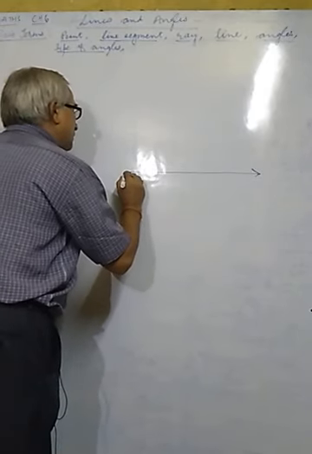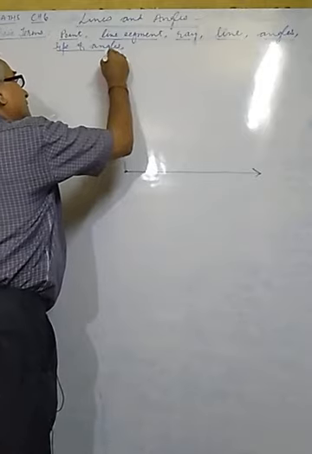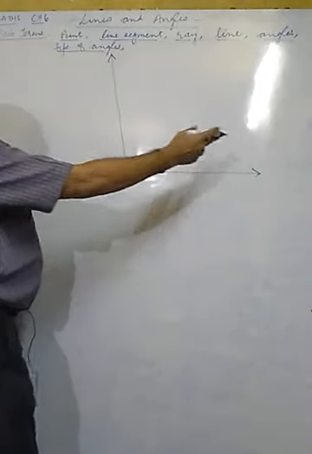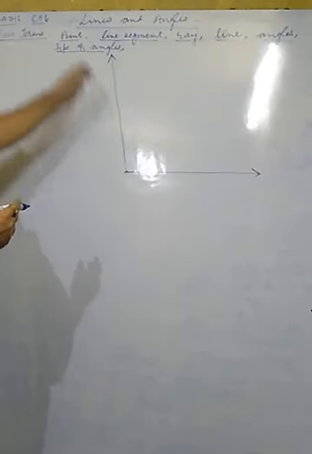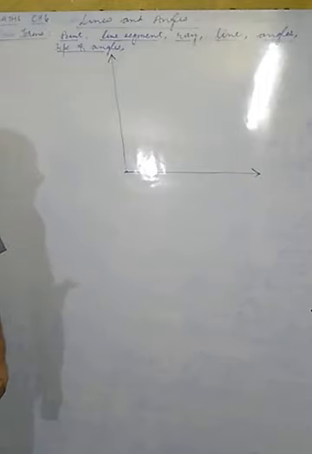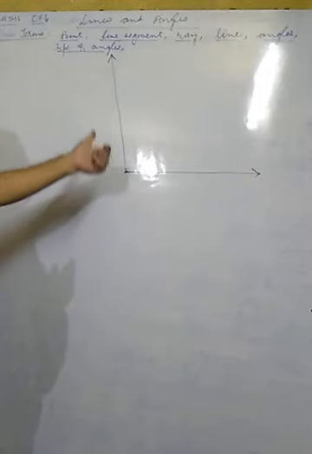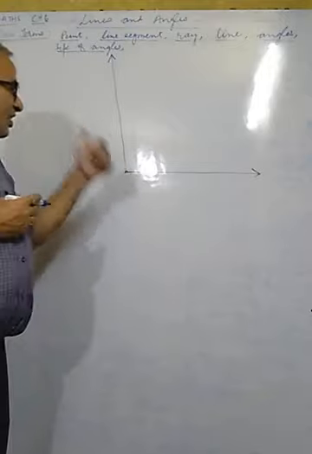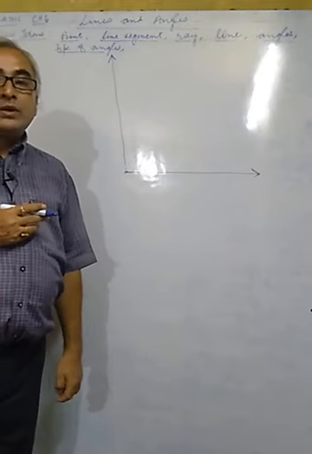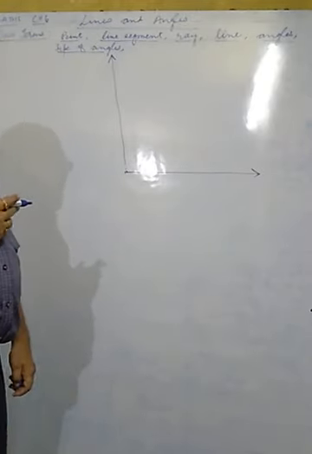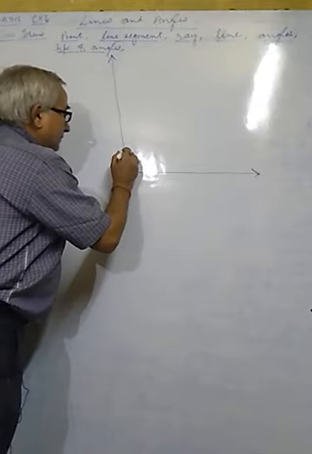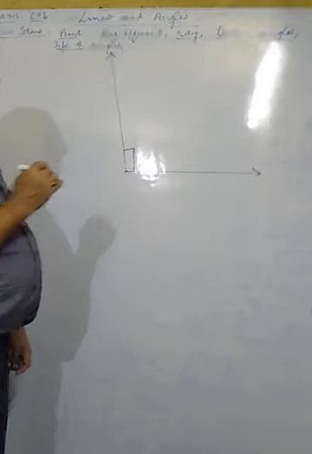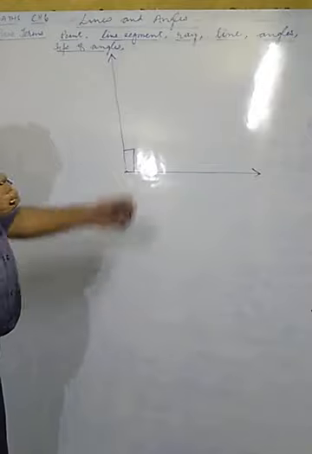This one is going horizontally and this one is going vertically. If this type of situation exists, there would be formation of 90 degrees.